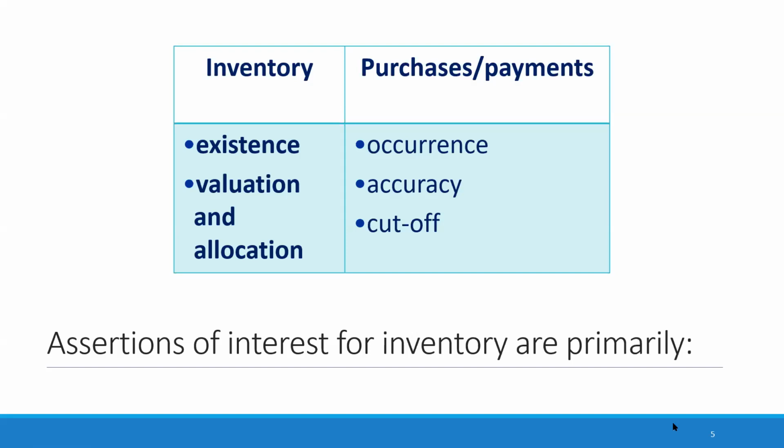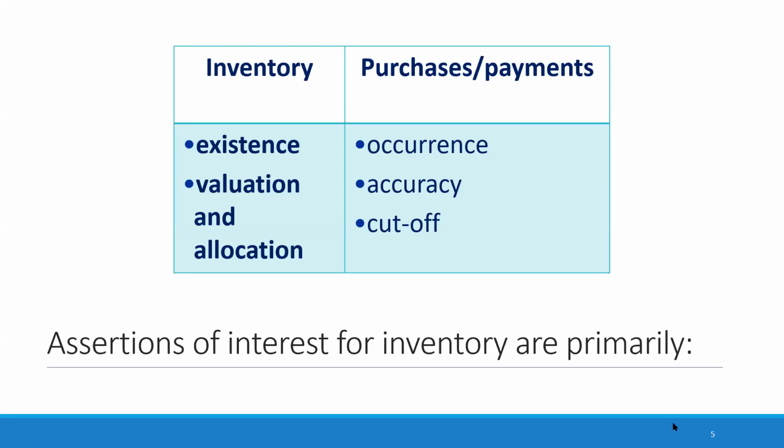When you think about any inventory item and you want to check it, I guess the first thing you consider is: the company has that, so where is it, right? So existence of inventory would always be the first concern.